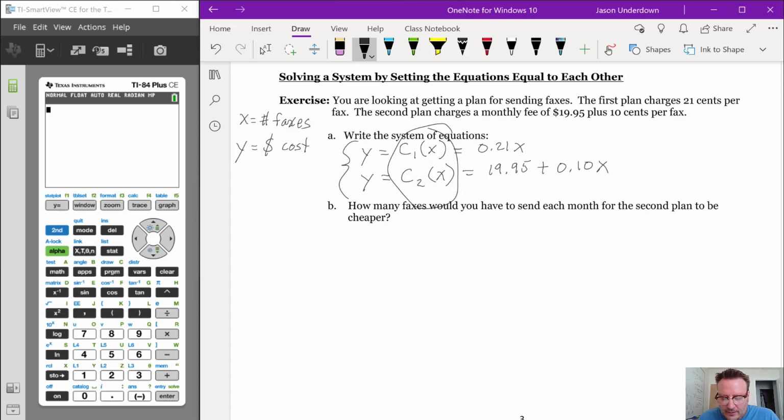Well, one way to solve a system is to set the right-hand side of both equations equal to each other.